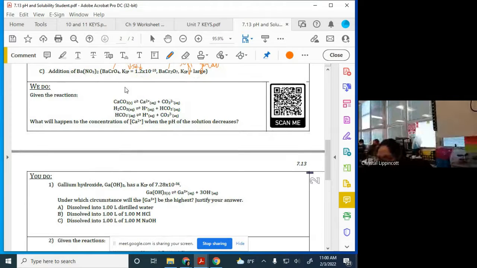All right, we are given these reactions here. They're asking us what will happen to the concentration of the Ca2 plus when the pH of the solution decreases. It'll go down? Okay, if your pH is decreasing, it's becoming more acidic.